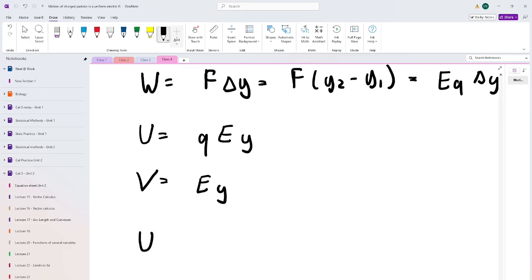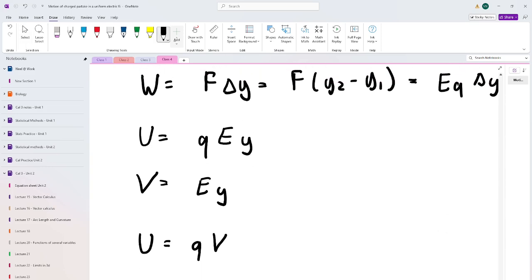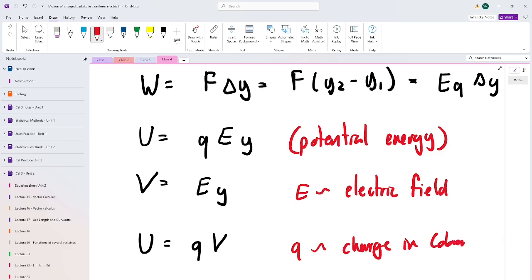So in other words, U must be equal to QV. And this here, U is equal to QEY, will be the potential energy. And then, of course, E is the electric field, and Q is the charge in coulombs.